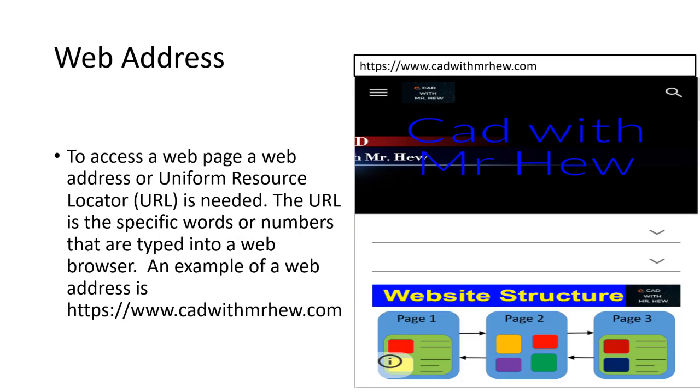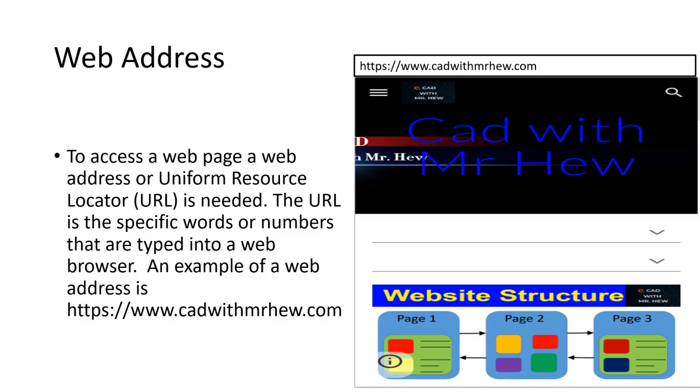A web address. To access a web page, a web address or Uniform Resource Locator, which is abbreviated URL, is needed. The URL is the specific words or numbers that are typed into a web browser.